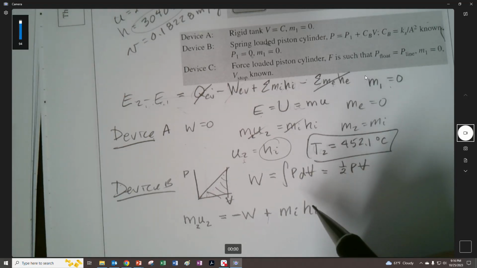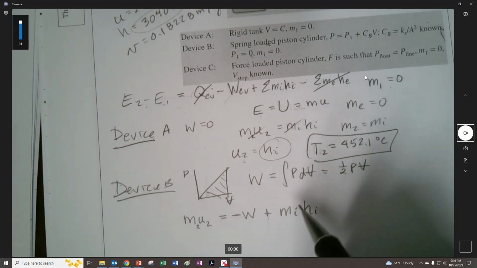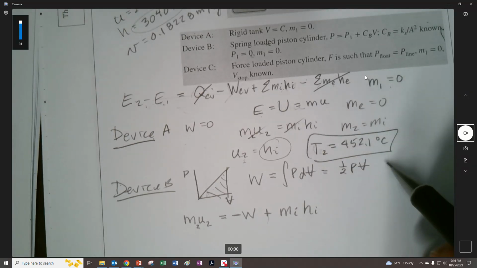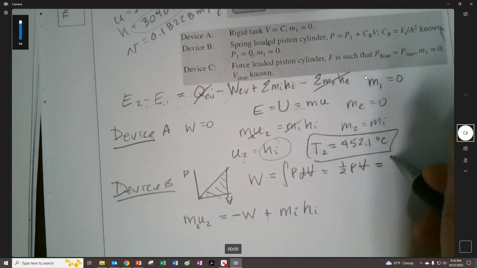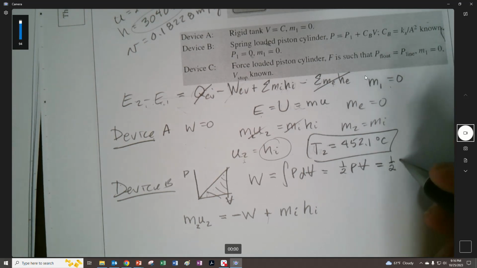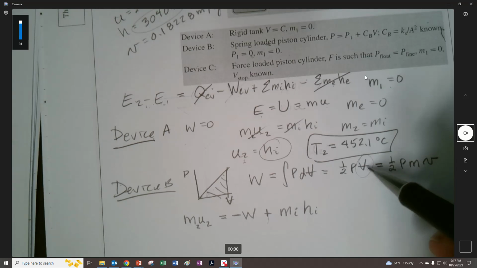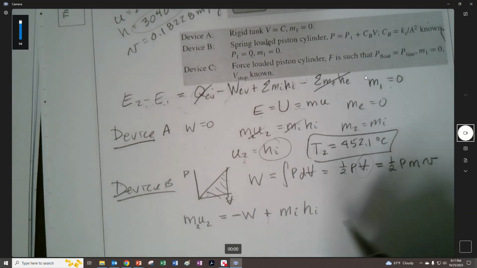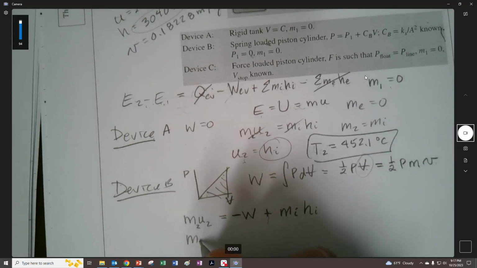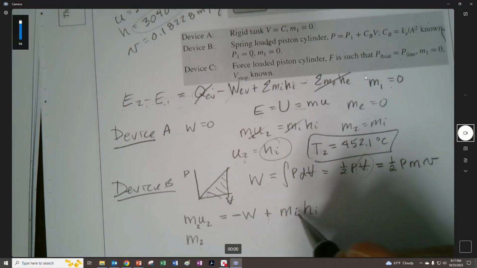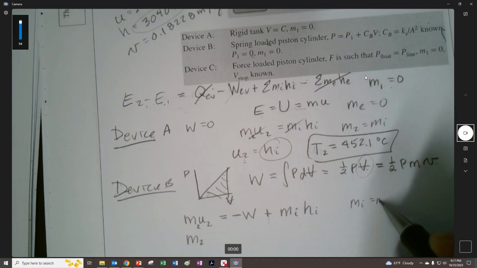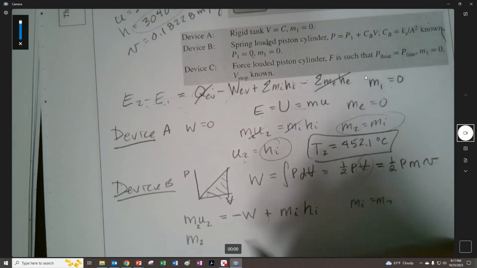And so if we do this, we could also say that's 1/2 P times M times specific volume, right? Because we could replace this volume with the M times there. Okay, so I'll write it again. And this M1 is equal to M2, just like above, because it's coming in.